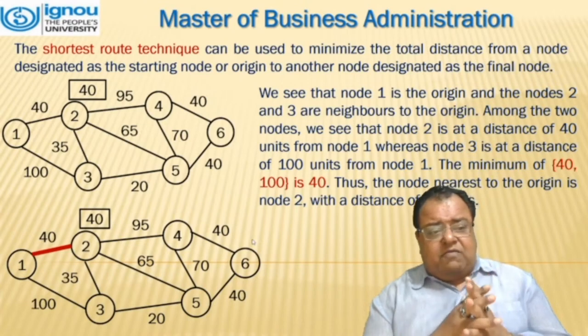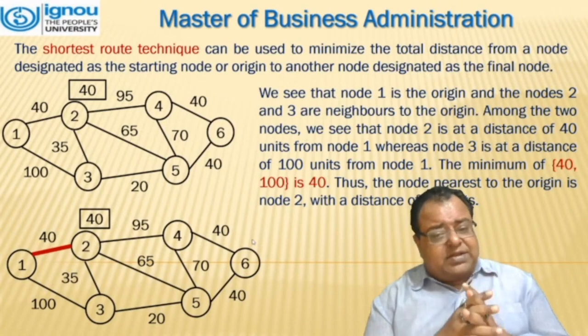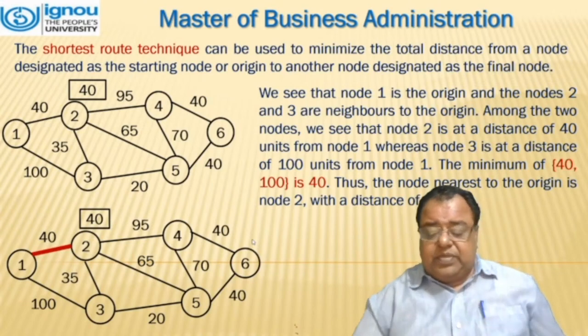From 1 to 2 it is 40, and from 1 to 3 it is 100. We have to take the minimum one, and the minimum one is 40. That means our movement will be from 1 to 2, and it has been marked red over there.